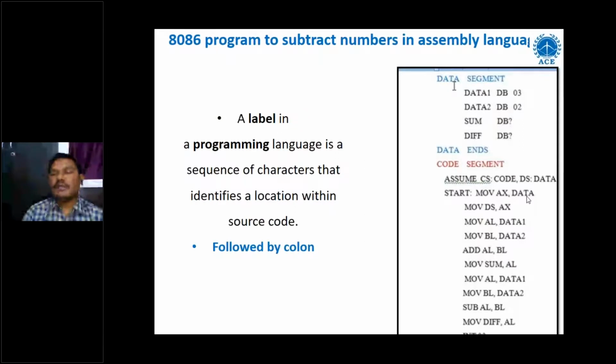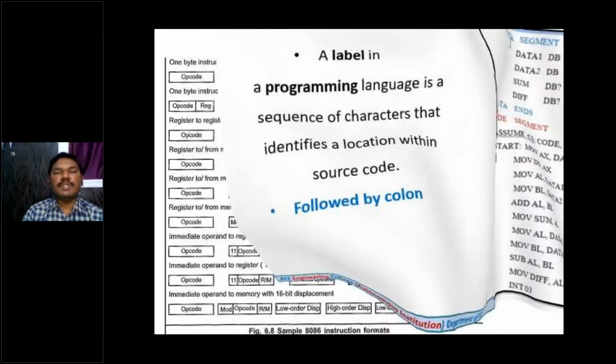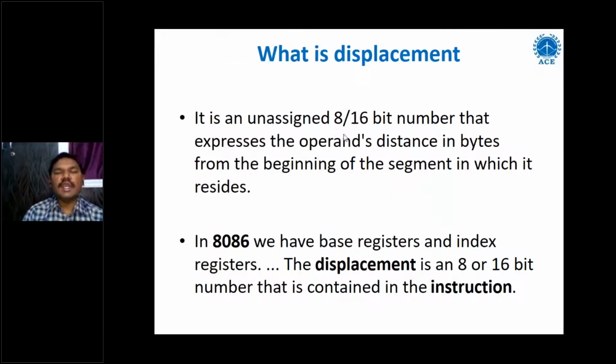The comment here says the data segment memory is allocated by the AX register. You will see that in the programming part. So what is displacement here? The data can be fetched from memory locations which are 16-bit memory locations.